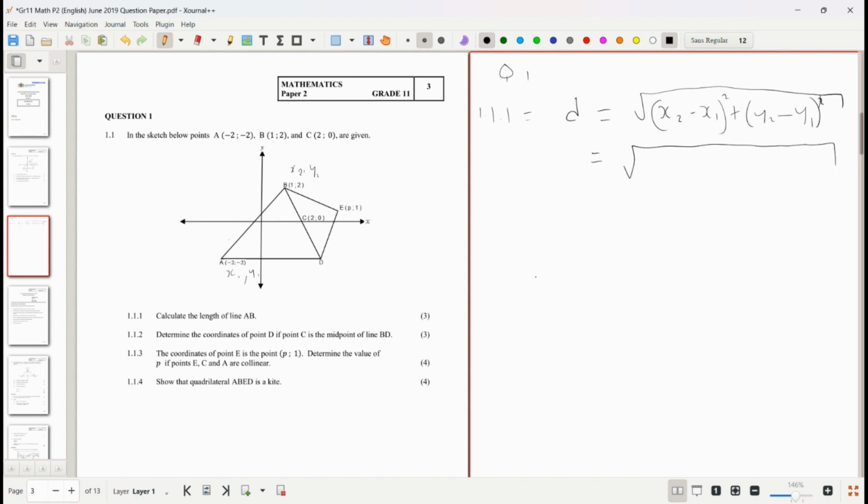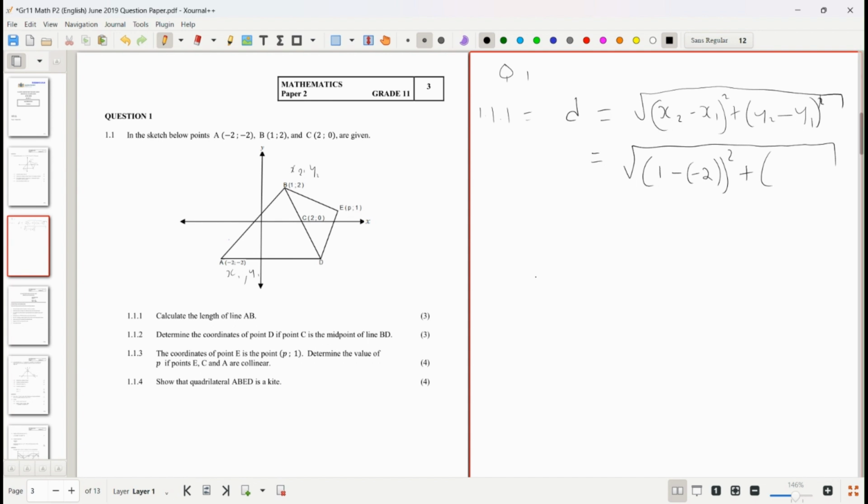So what is our x2? It's here, you can see it's 1. So you need to put 1. And then what is our x1? Our x1 is negative 2. So it will be minus minus 2, in brackets, and you square it.